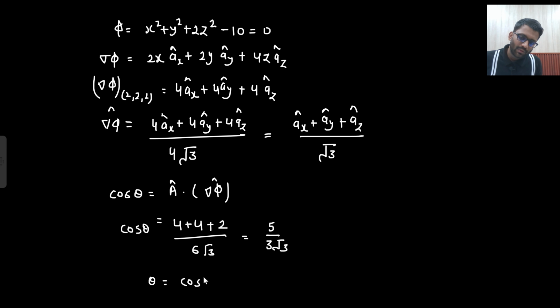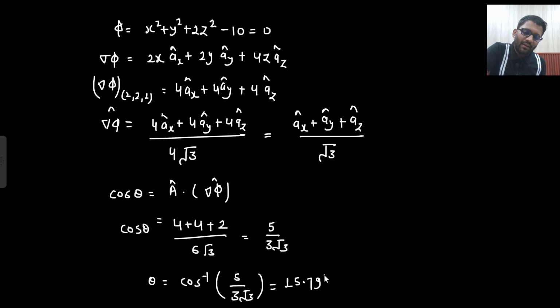Theta is equal to cos inverse of 5 by 3 under root 3. Under root 3 into 3, reciprocal, into 5 and then cos inverse. So 15.79 degree.